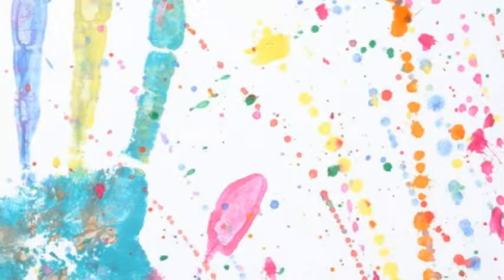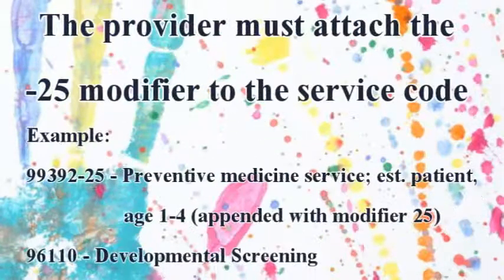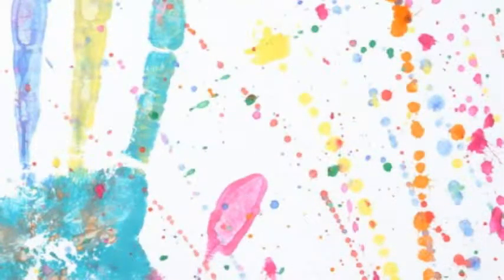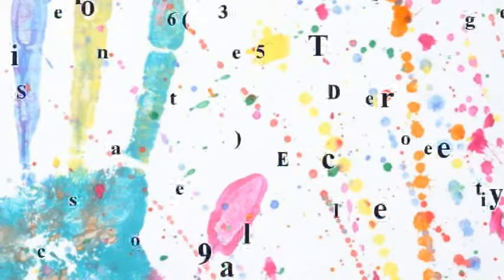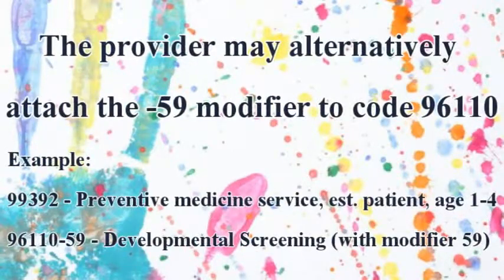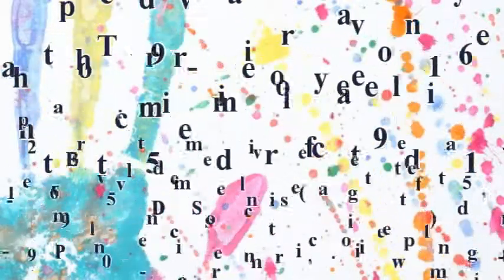To properly bill and code for PEDS screening, the healthcare provider must first attach the 25 modifier to the Preventive or Evaluation and Management Service Code to denote the office visit is a separate service from the screening. The healthcare provider also has an alternate option of attaching the 59 modifier to code 96110 to show that the screening service was separate and necessary at the same visit.